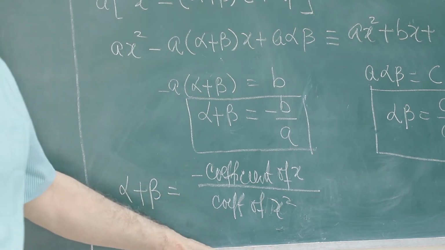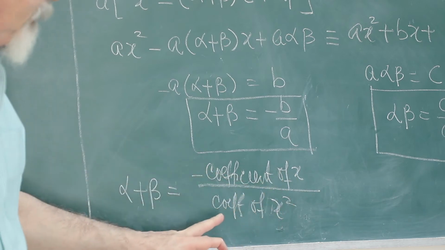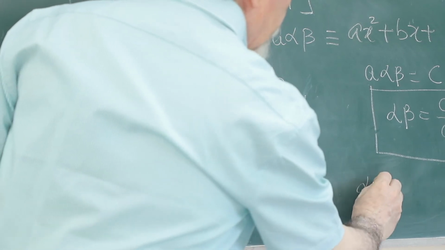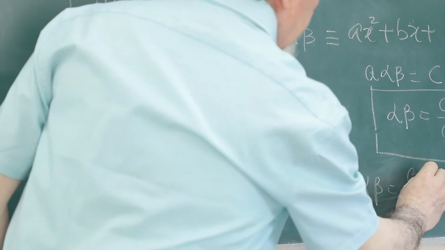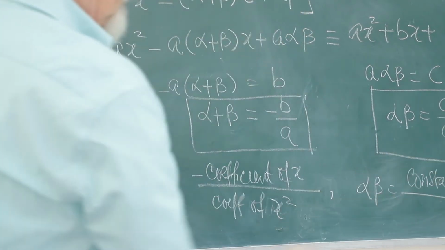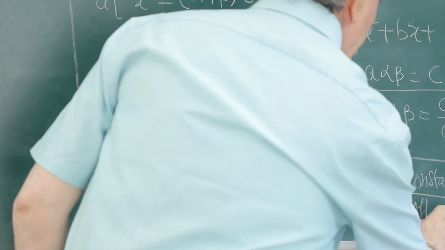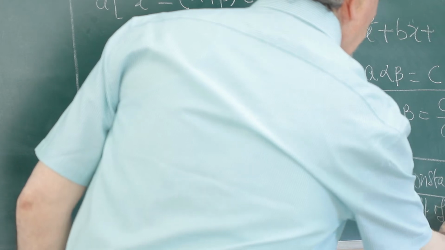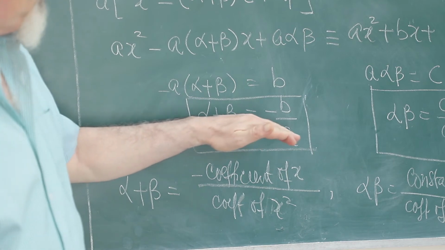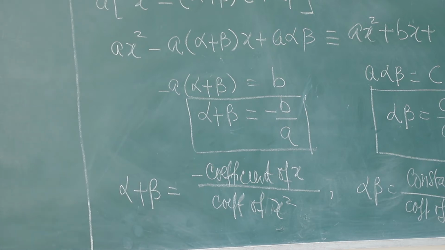To remember this, what is the sum of the roots? It's always minus coefficient of x upon coefficient of x squared. And alpha beta, the product, is what? Constant upon, some people call it absolute term, upon coefficient of x squared. So you can calculate both things remembering this. Or simply alpha plus beta is minus b upon a, alpha beta is c upon a.